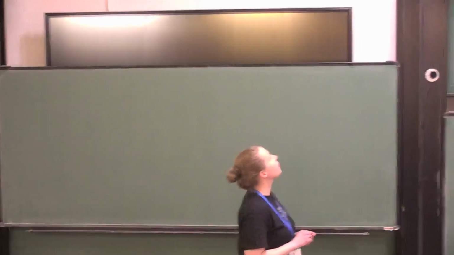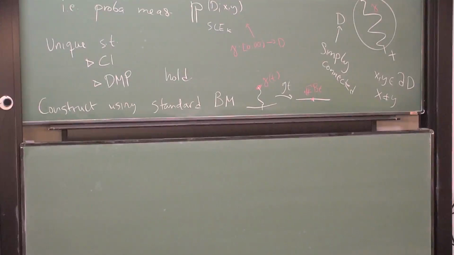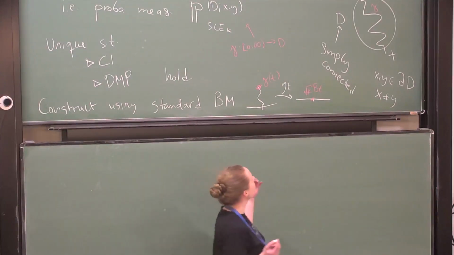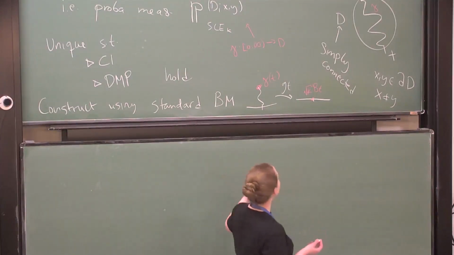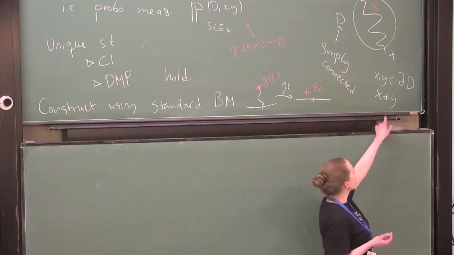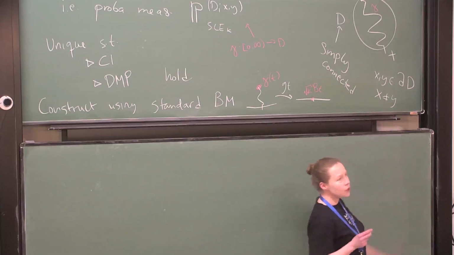So I started already by recapping the main object that I already described to you. The main object is this random curve indexed by some moduli data. So far we discussed just one curve in a simply connected domain, connecting two marked boundary points.